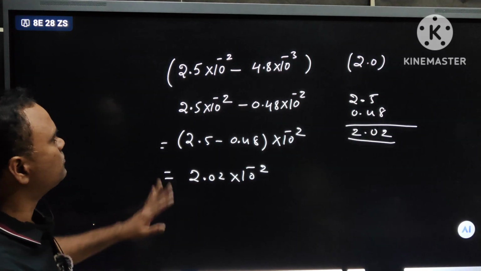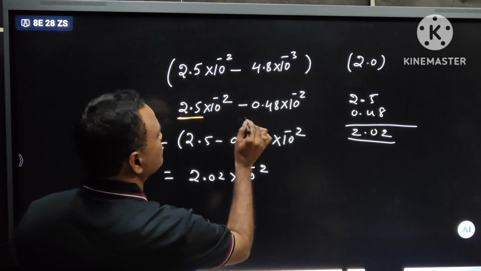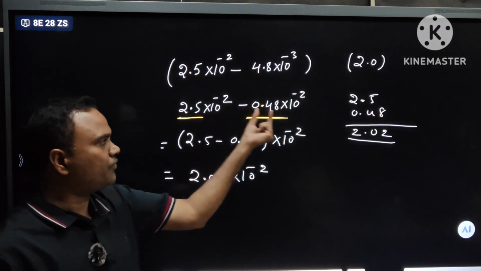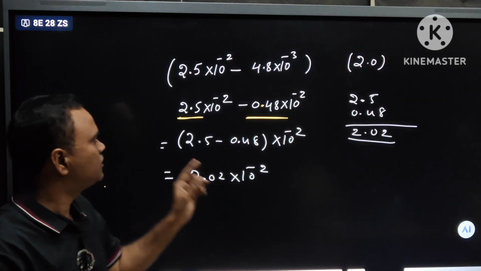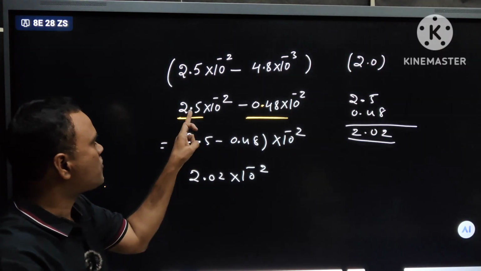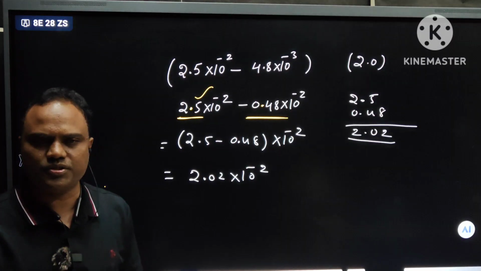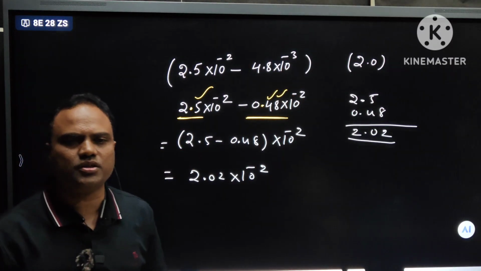10 power minus 2. Now observe these two. After getting the same exponents, then only see the decimal places. Which is having minimum decimal places? After the point, 1 decimal place is present. After the point, 2 decimal places are present. But what is the rule?